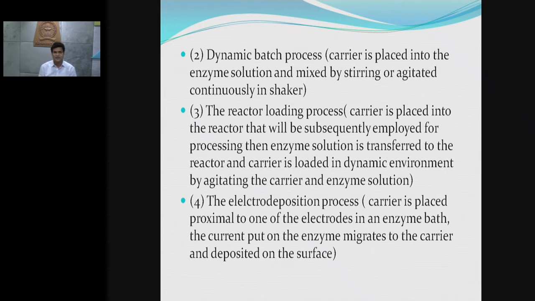Another way is the reactor loading process, in which the carrier is placed in a reactor and the enzyme solution is transferred to the reactor, where the environment is continuously agitated. So carrier and enzyme solution are both moving, and during this process enzyme molecules will adsorb.